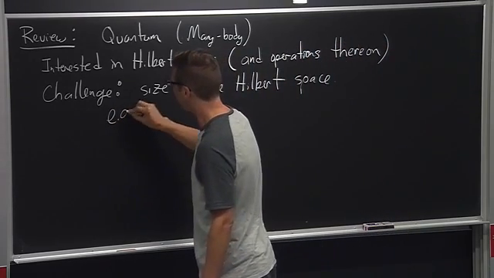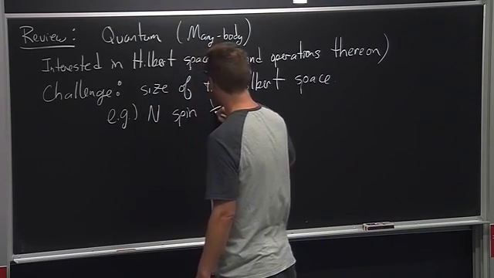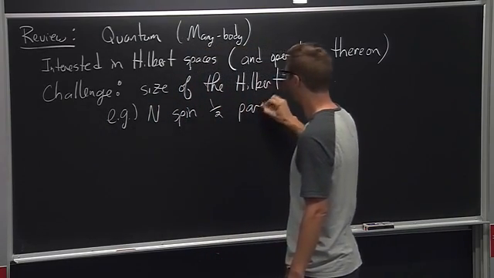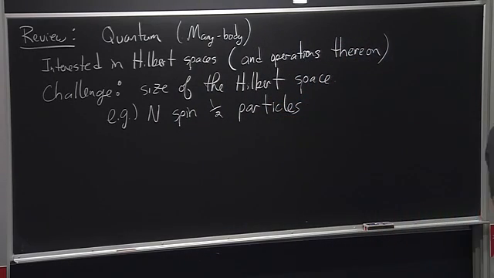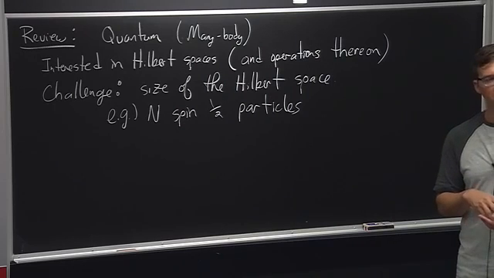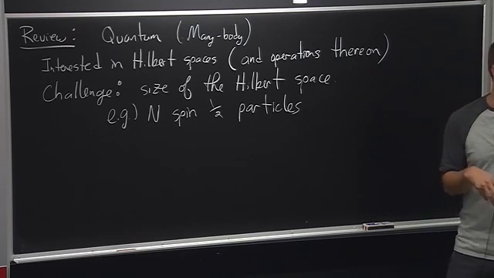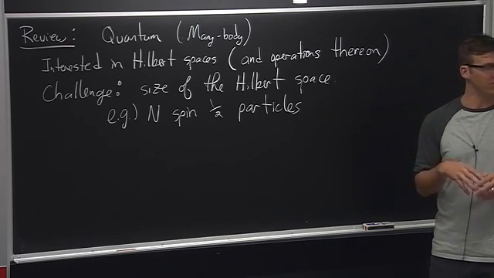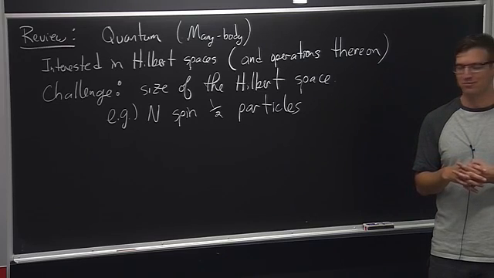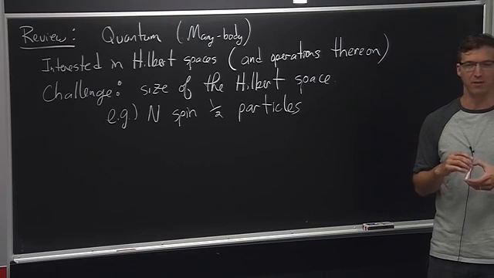So, for example, if we have n spin 1/2 particles, we're really talking about the spin as the degree of freedom that we're interested in. If I have a system of electrons, say in a metal, there are all sorts of different quantum species and particles in that metal.